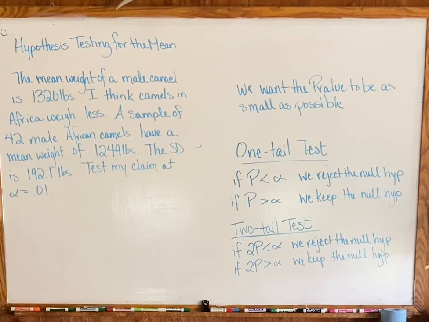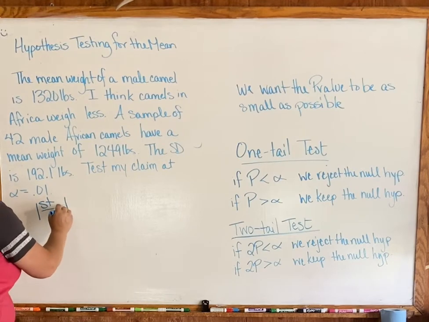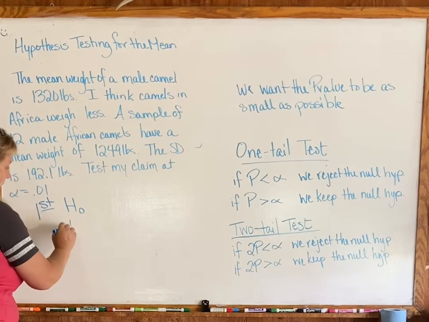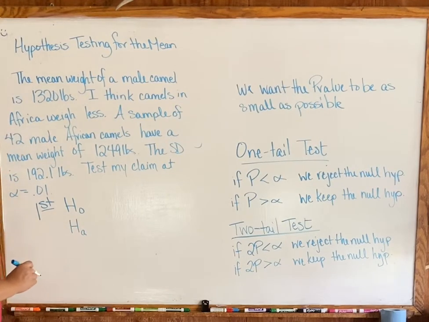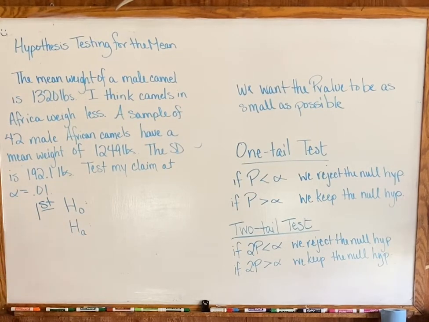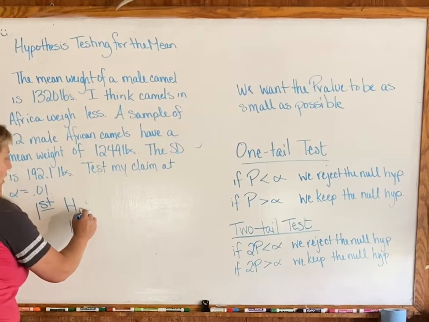So when we go to do our hypothesis testing, we want to remember that this is a 4-step process. And the first step is always the hypotheses. If you want to label them, great. If you don't want to label them, it doesn't matter to me. When we write our hypotheses, remember we're going to have the null and the alternate, H0 and HA. Now we've got to decide what variable we're studying. In our case, we're studying the mean, so we're going to start with mu.